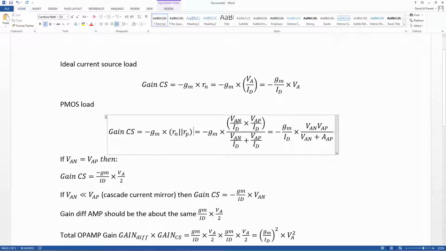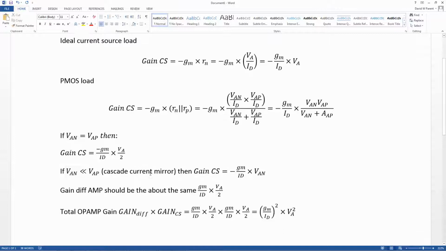So if we make the same assumption that the output resistance is the early voltage divided by the bias current, well, the bias current is all the same, right? But we have an early voltage for the N and an early voltage for the P, and we just put that into our parallel combination. But again, we can pull out the ID and then just have this combination of the early voltages, and if they're pretty close to each other, we just see that the gain is reduced by half.